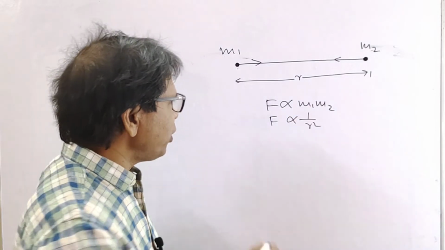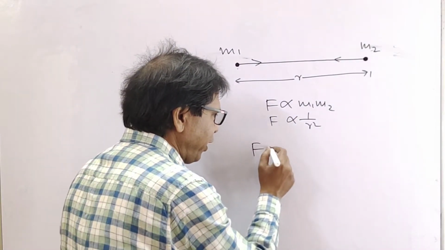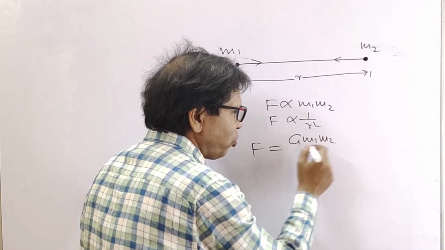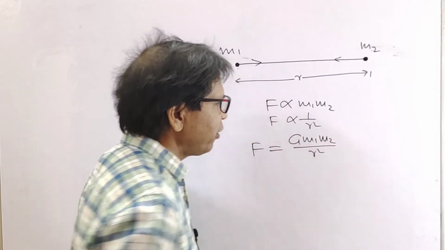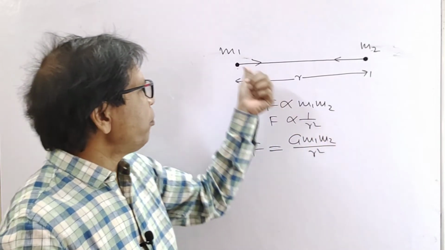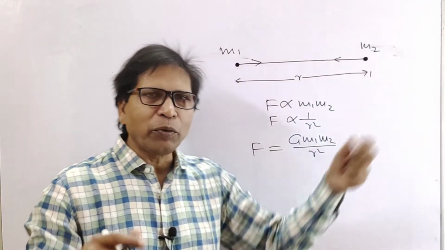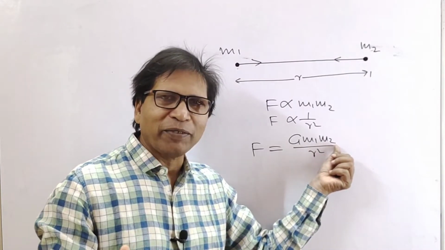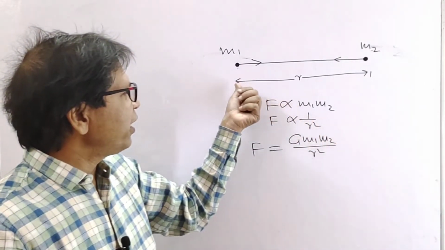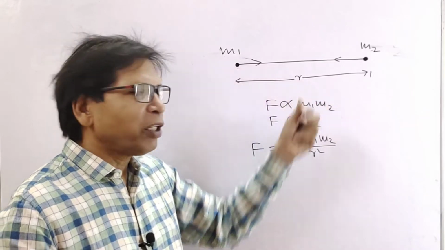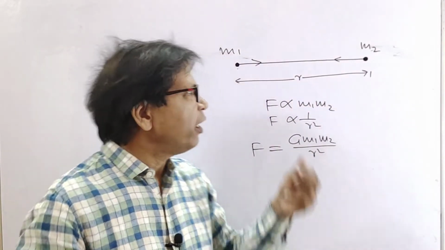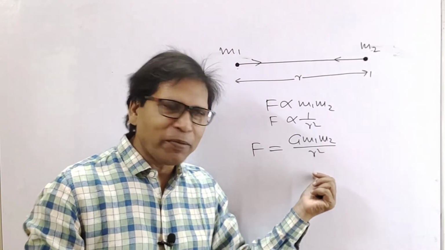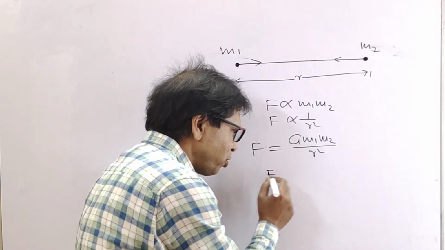Now combining these two relations we get F equal to G m1 m2 divided by r square. Look at this: if the mass of both particles becomes 2 times, then the force of attraction becomes 4 times. If the distance of separation becomes twice the initial, keeping their masses constant, then the force of attraction becomes F by 4.